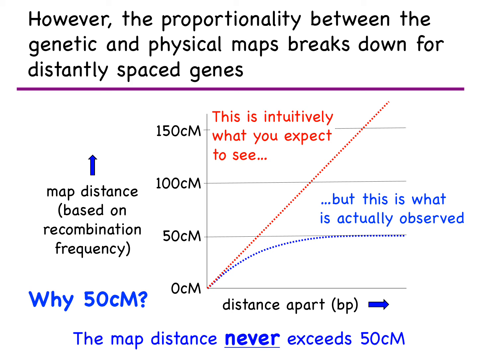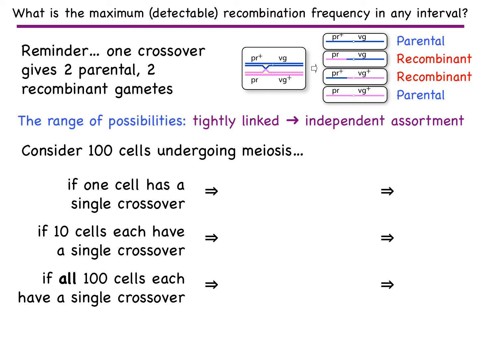So why 50 centimorgans? Let's first consider a single recombination event, and we're going to consider 100 cells undergoing meiosis. The range of possibilities is that either the genes are tightly linked, meaning they're very close together, or the genes are so far apart that recombination takes place basically every time the cell undergoes meiosis.